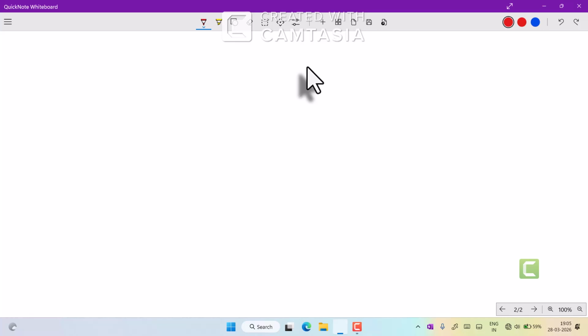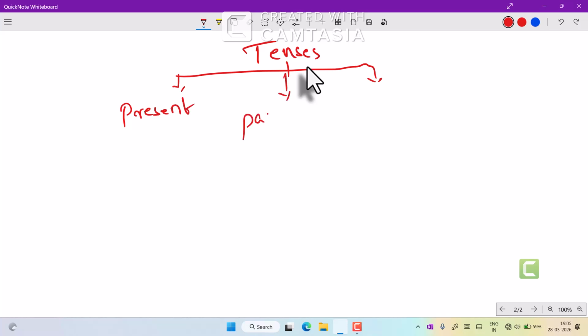Now you see here, we have discussed tenses, right? In tenses we categorized present tense, past tense, and future tense.